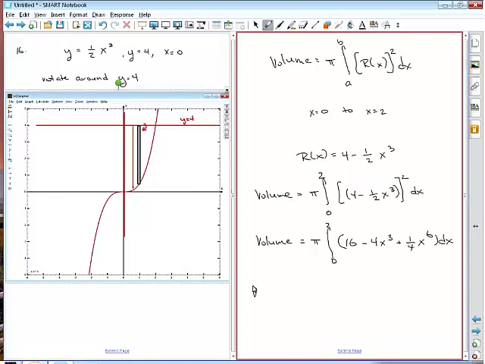Now we integrate. Nice simple polynomial integration. So we get 16x minus 4 x to the 4th over 4 plus 1/4 x to the 7th over 7. And that's integrated between x equals 0 and x equals 2.